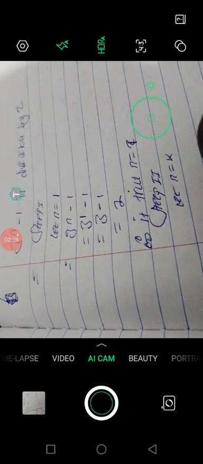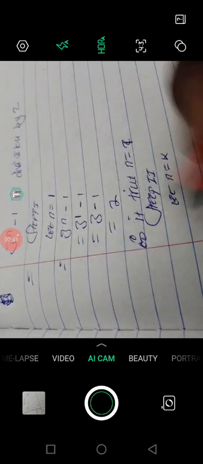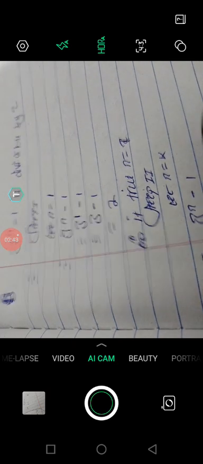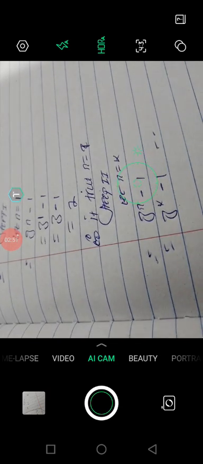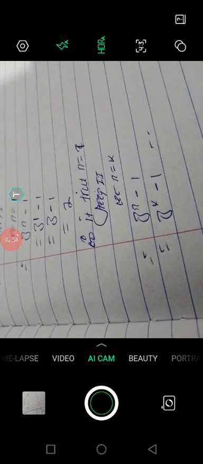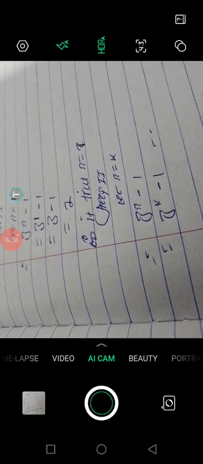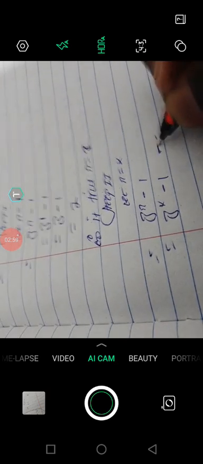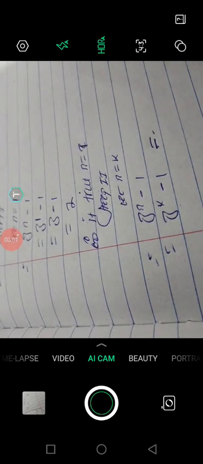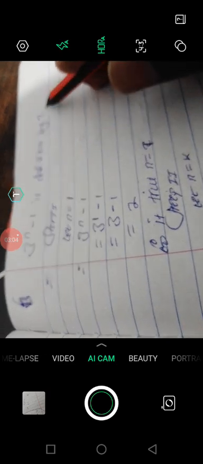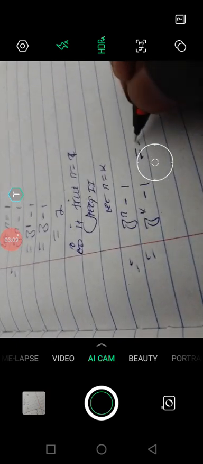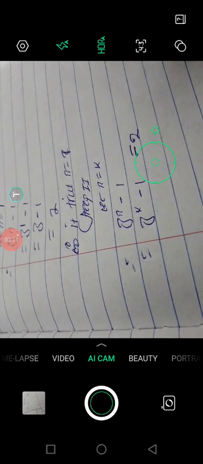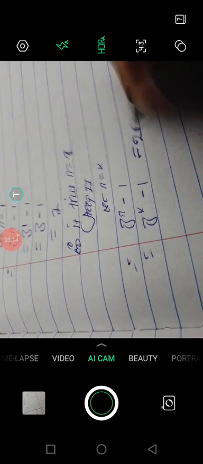We get the same equation, 3 to the power n minus 1, and in place of n I put k. In this case it is different from what we solved in the previous question: I equate it to what you have been given, which is the 2. So 3 to the power k minus 1 is equal to 2, and you can put 2 with any letter, for instance 2r.